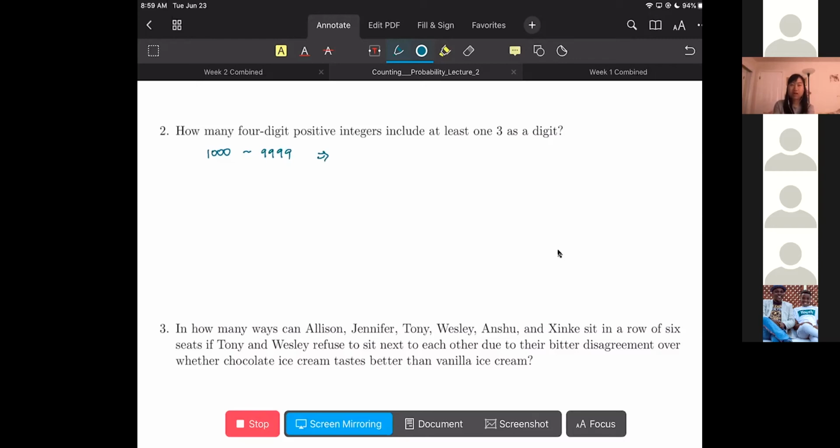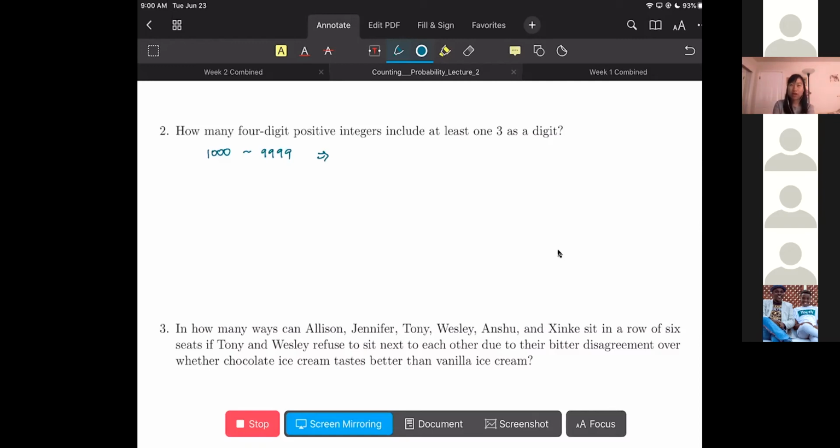There are a couple ways you could count this, just to summarize. You could count it the way that we learned last time, which is you take the top one, subtract the bottom one, because it's a simple list here, and then add 1, and you'll get 9,000.